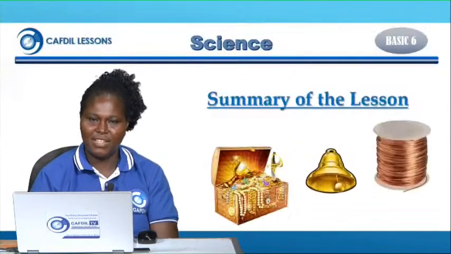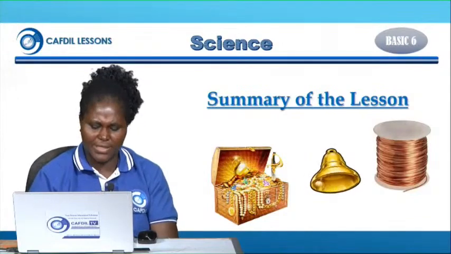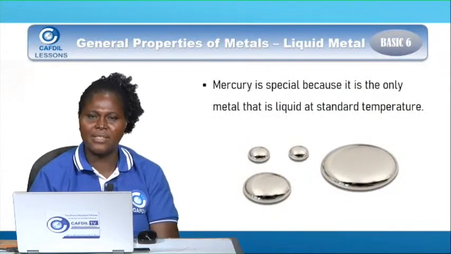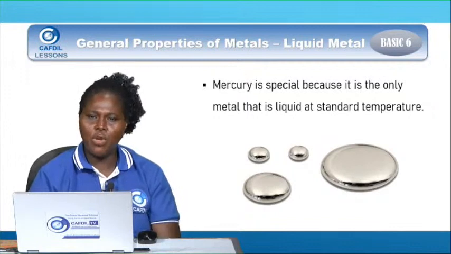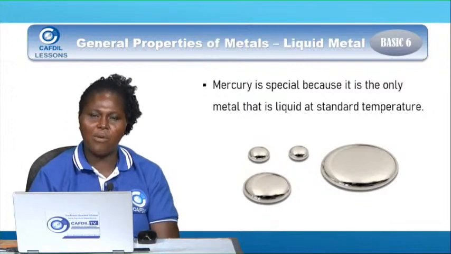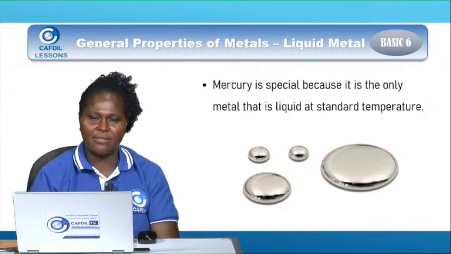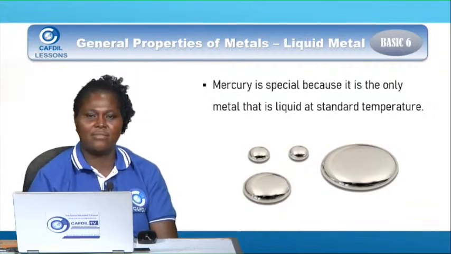Children, you have seen it. Let's continue. Now, let me say something about mercury. When you go to hospitals, the thermometer we use to check our temperature has liquid mercury in it.